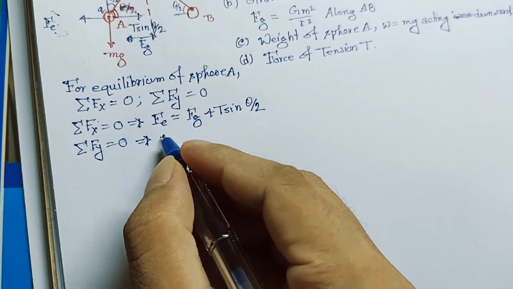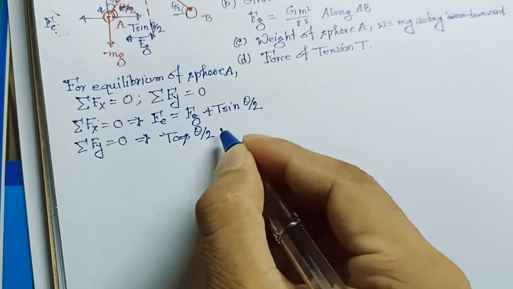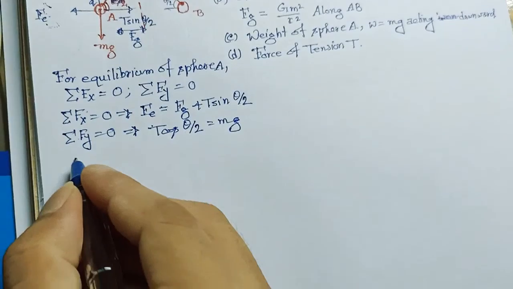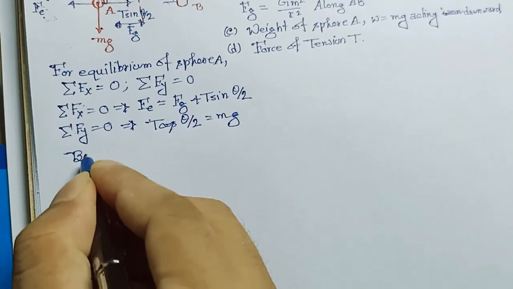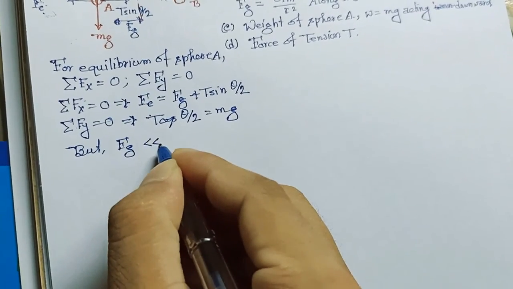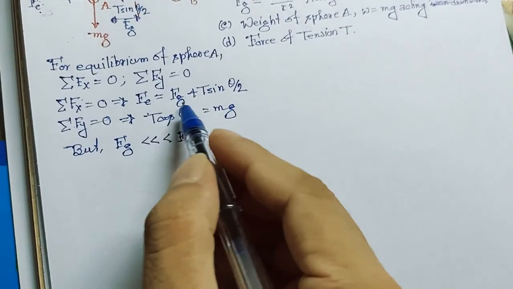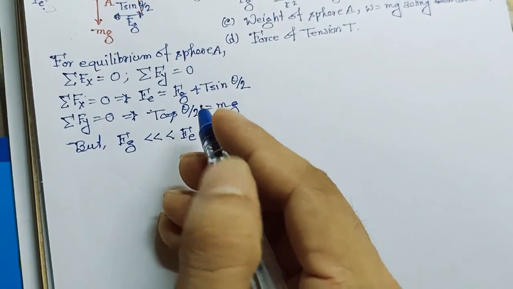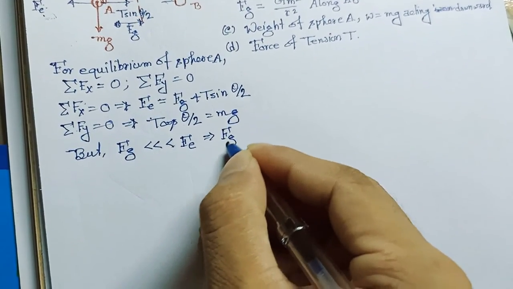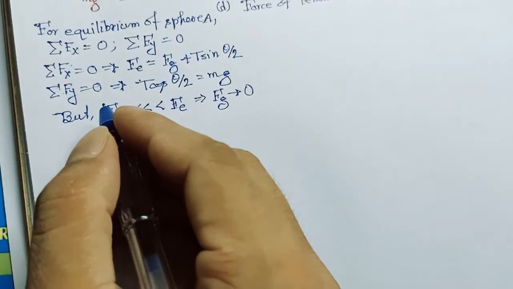But the force due to gravity Fg is much less than Fe, so we can neglect this gravitational force; Fg approaches 0.